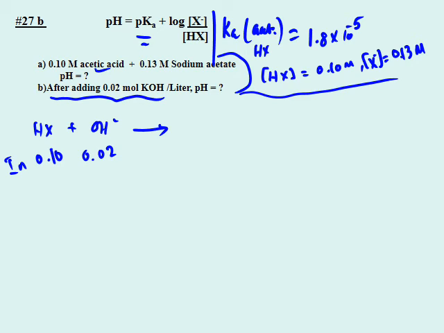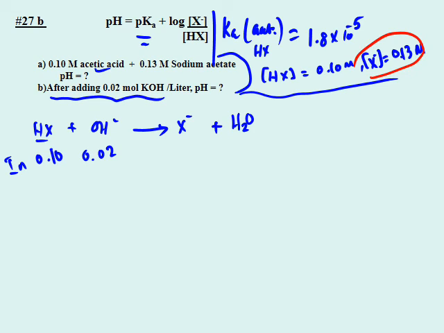Then OH minus with HX gives you X minus and H2O. You can see here HX, as H plus reacts with OH minus, you get H2O, then X minus gets separated. Now initially X minus was not 0. You can see on the right side, let me show you in red.